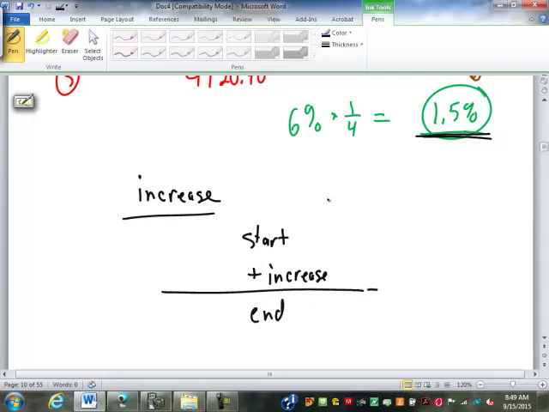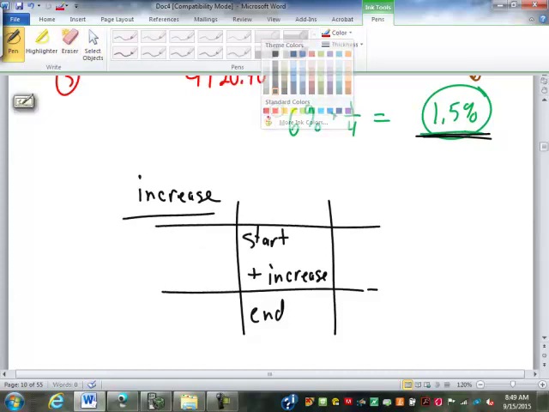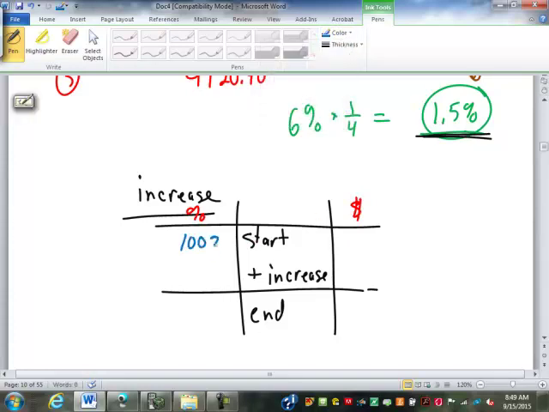And we talked about how each of those items is represented by 2 different numbers. On one side we have the percents, and on the other side we have dollars. The starting amount is 100%. In this case our increase is 1.5%, so the ending amount is 101.5% of what we started with.